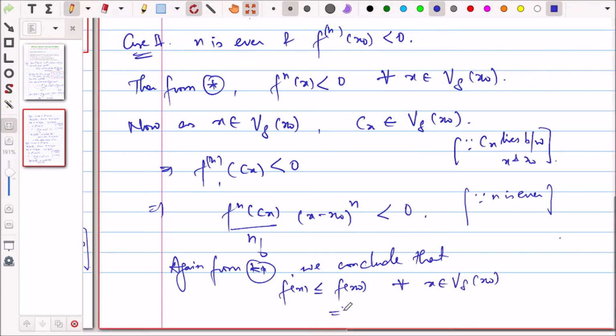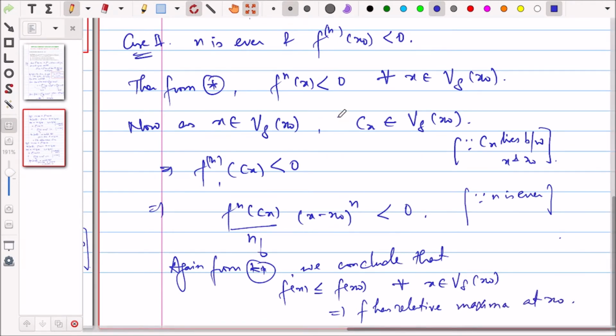So this implies f has relative maxima at x naught. Okay? So if f^n is negative, then f has relative maxima at x naught, provided n is even.